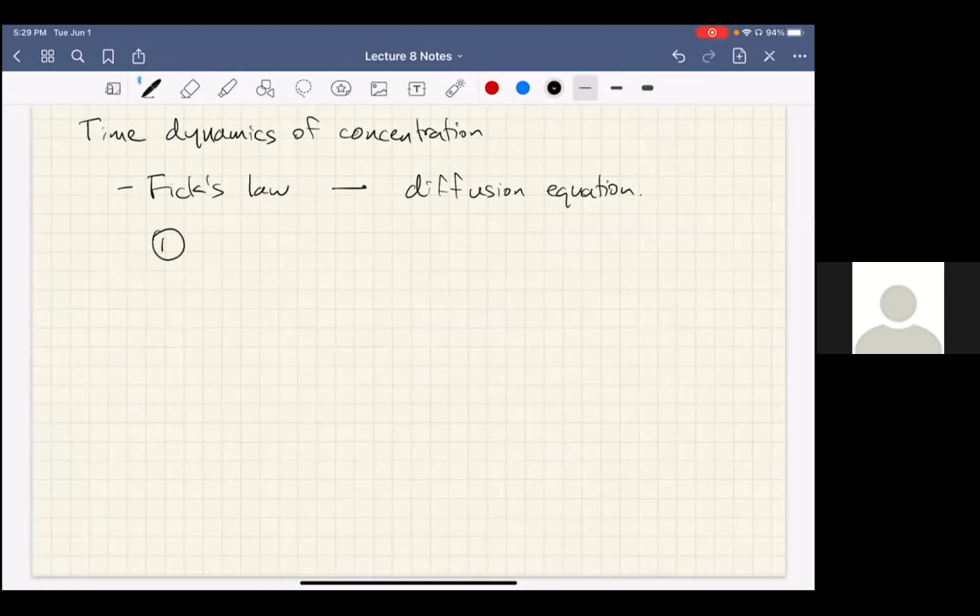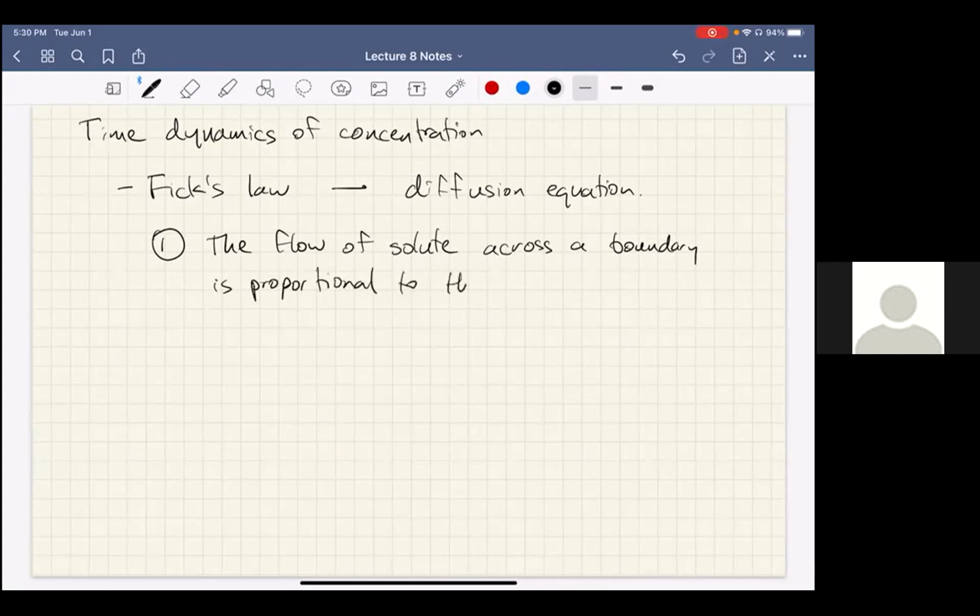The first Fick's law says the flow of solute, that's what you have dissolved, across a boundary is proportional to the rate at which concentration changes.